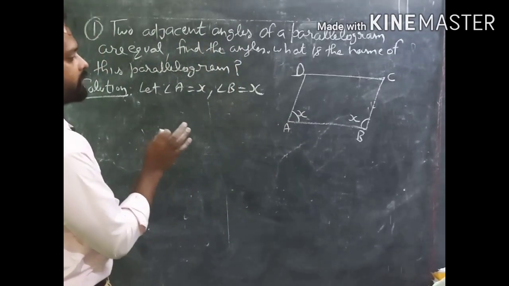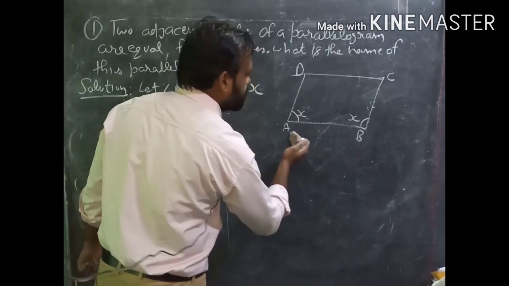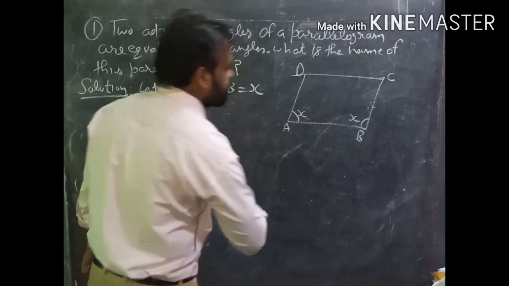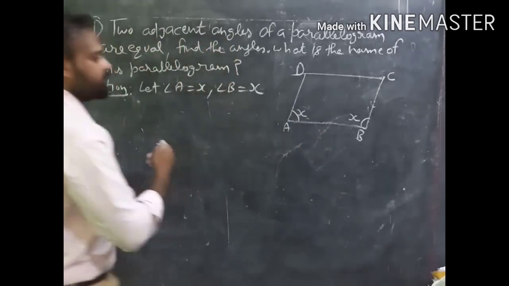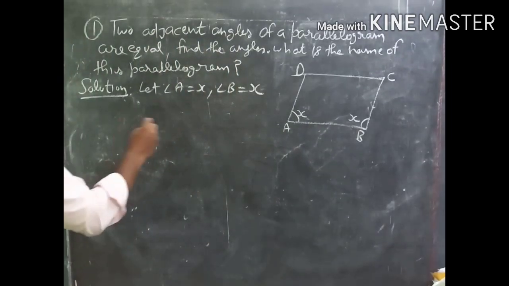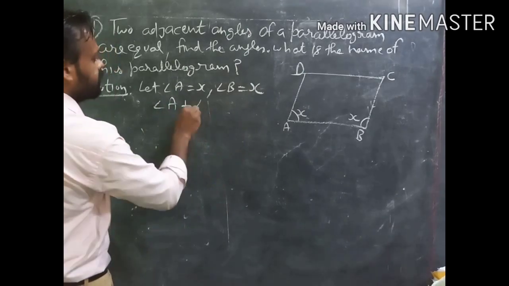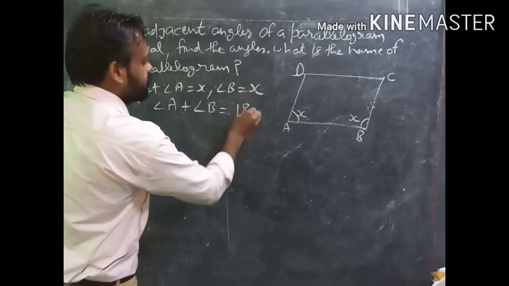Now we know very well, as I explained to you, that the sum of two adjacent angles is always equal to 180, meaning these two angles are supplementary. So we will use this property. The sum of adjacent angles is 180, meaning angle A plus angle B is equal to 180.